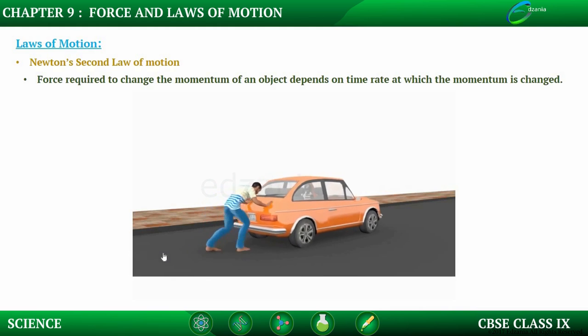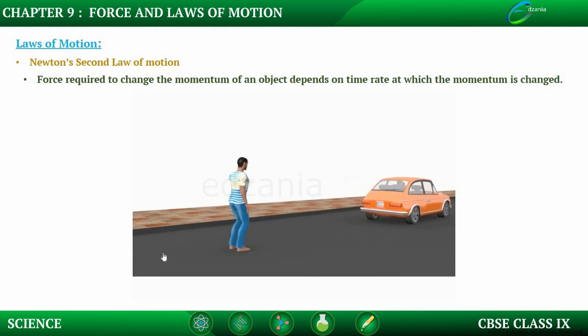See, this person is gradually applying some force, and therefore this car has picked up some velocity with a gradual increase in its acceleration. Hence, we can say when this person applies gradual force, the car gains some acceleration. However, if this person applies a sudden force on this car, that force will not produce any change in the acceleration of this car.